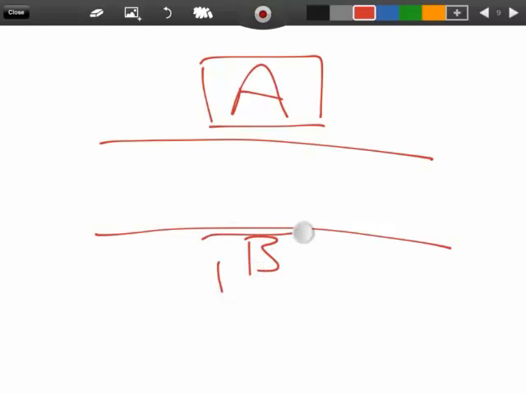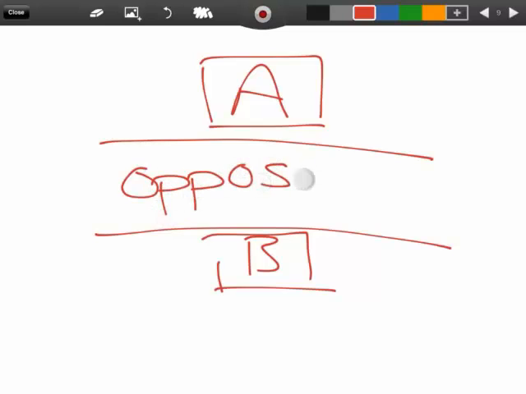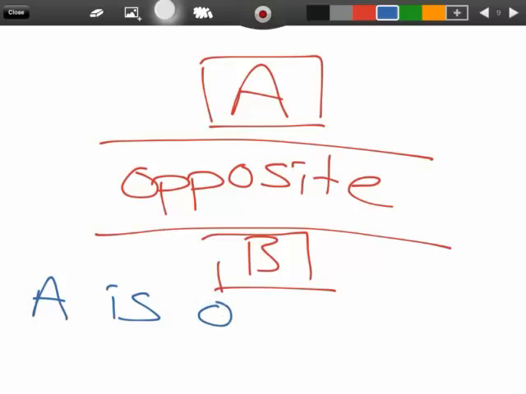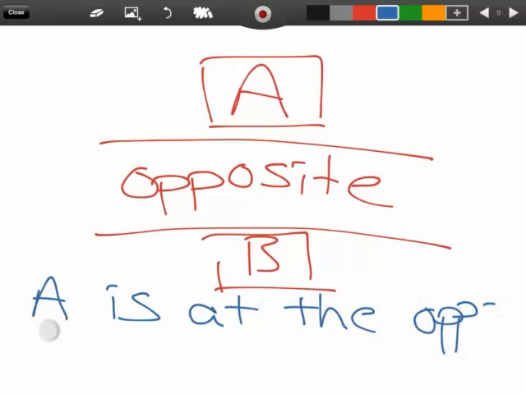You could say opposite. And if I wanted to give you an example of that, you could say A is at the opposite of B.